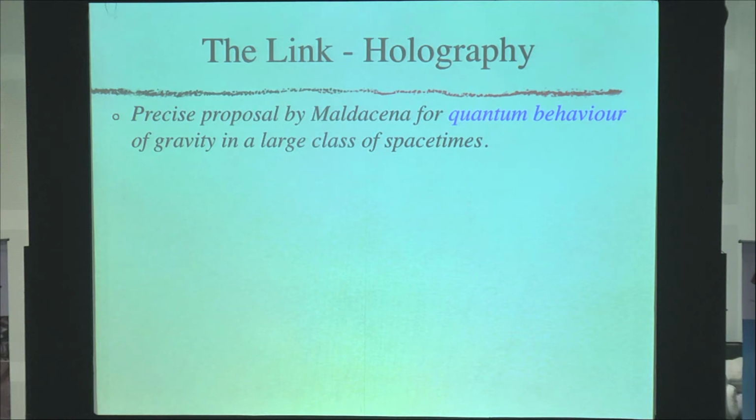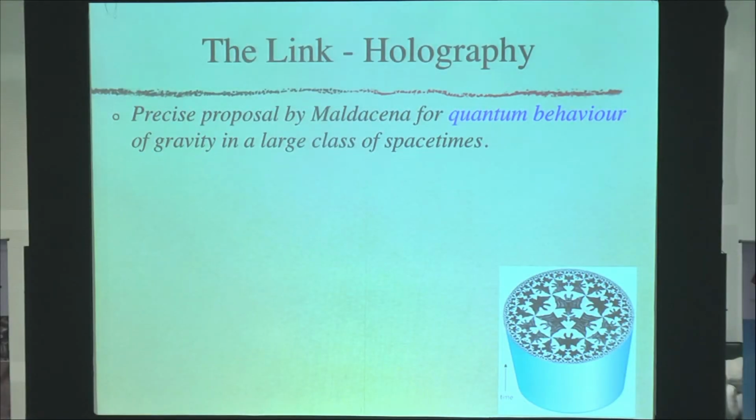Juan Maldacena made a very precise proposal for the quantum behavior of gravity in a very large class of space-times. The quantum behavior of gravity is, of course, a long-standing question and one of the central issues that string theory is addressing.